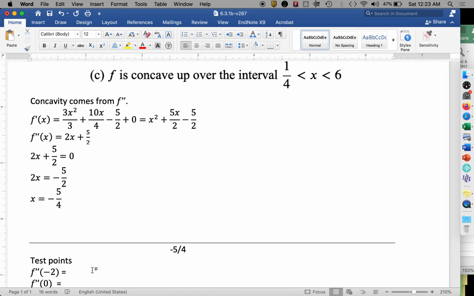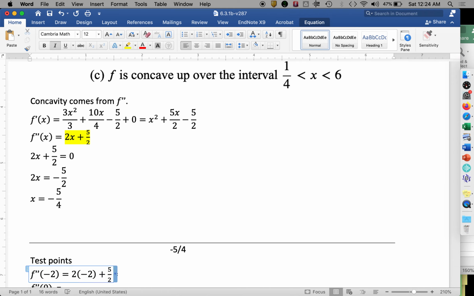Okay, and I'm just plugging it into that second derivative. And the second derivative was up here. Right, that's my second derivative. So I'm going to plug in negative 2. I'm going to go 2 times negative 2 plus 5 over 2.